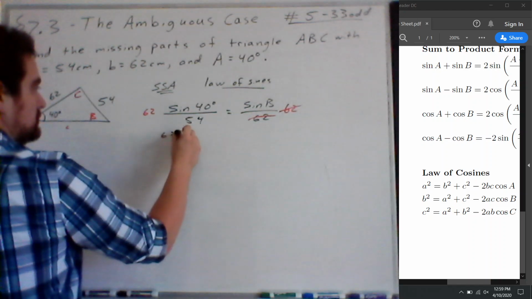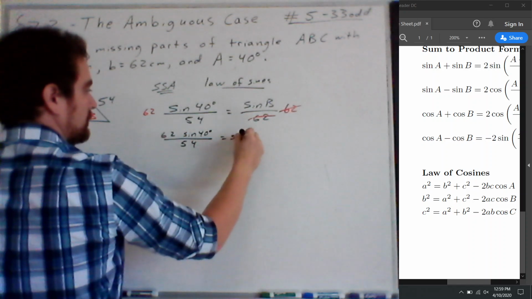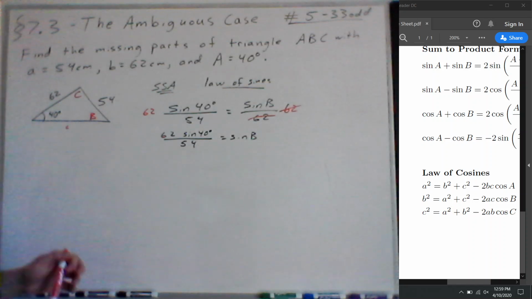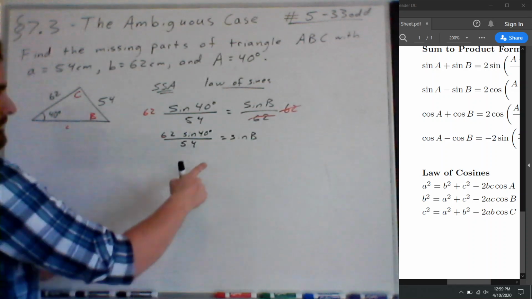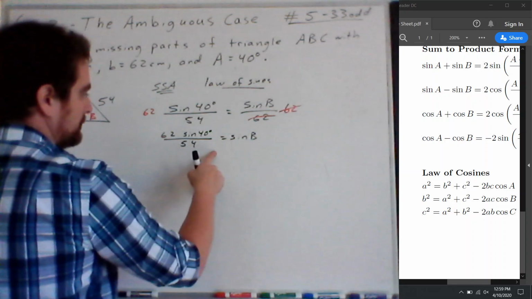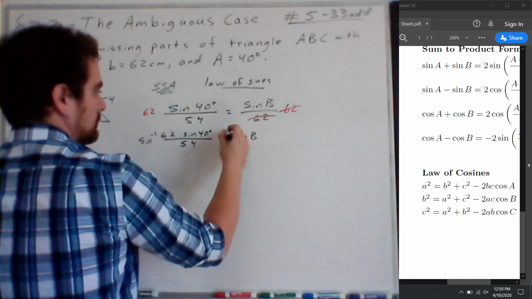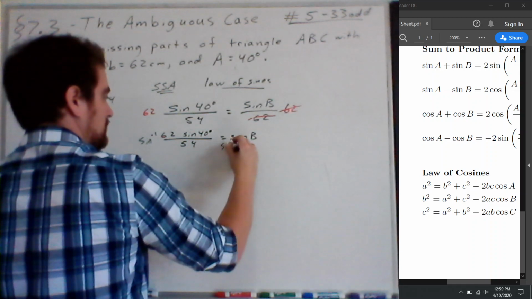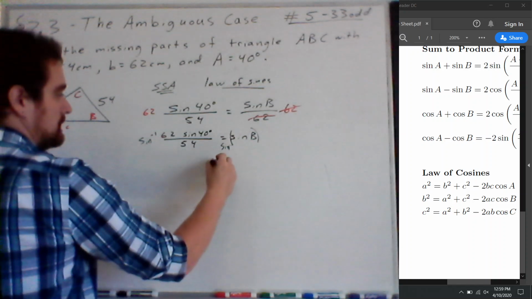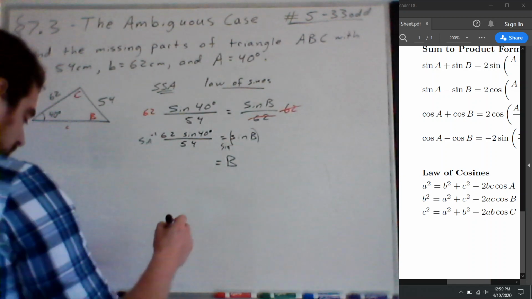So we'll say 62 sine of 40 degrees over 54 is sine of B, which in general tells us that if I look at 62 divided by 54 times sine of 40, it's going to be a value less than 1.